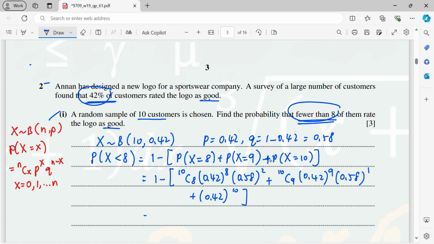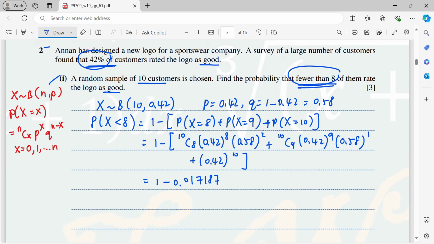Okay, when you calculate all these values inside the brackets, it will be 0.017187. Now here, I minus the value from 1, that is going to be 0.9828, and rounded, that is going to be 0.983. So that's the solution for the first part.